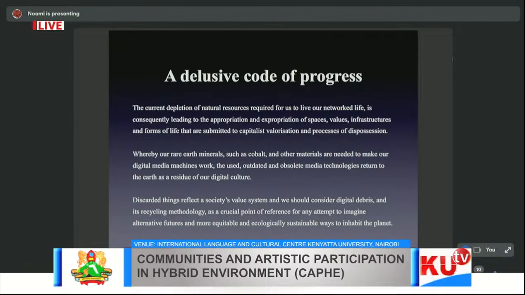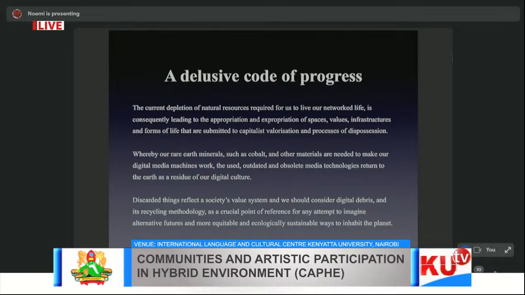So while we need all these rare earth minerals, such as cobalt, the outdated and obsolete electronic devices return to the earth as a residue of our digital culture.